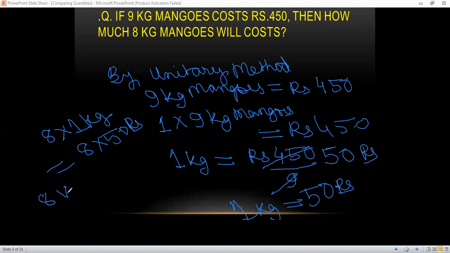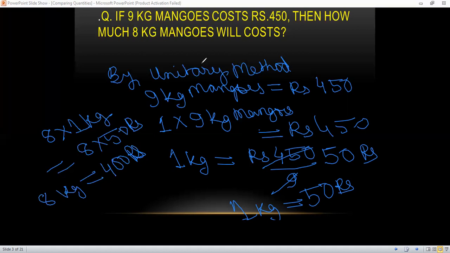So the value of 8 kg we get as 400 rupees. By this method you can easily find the cost of anything. It is a very easy method.